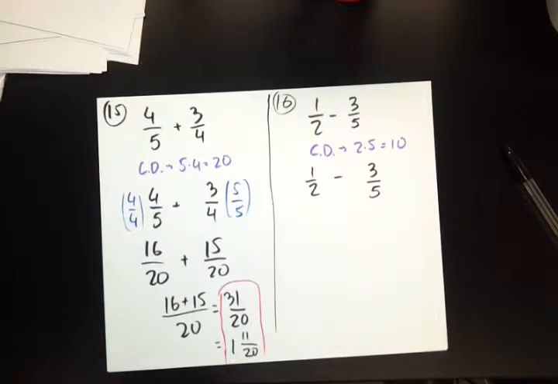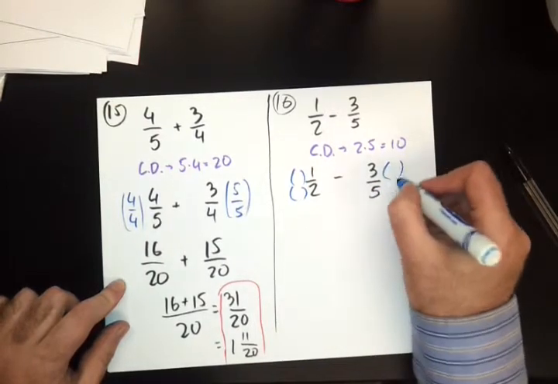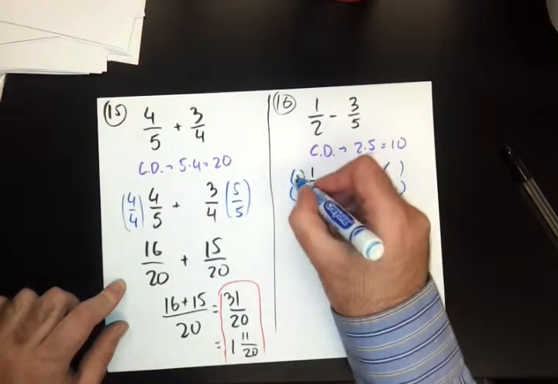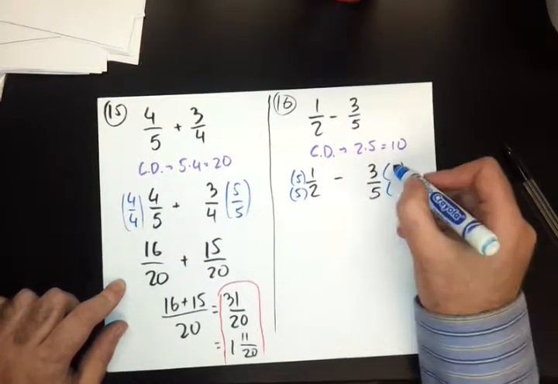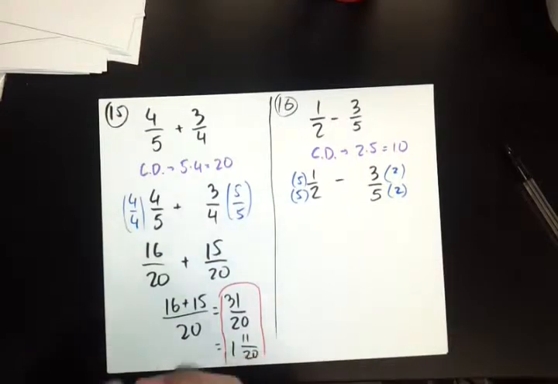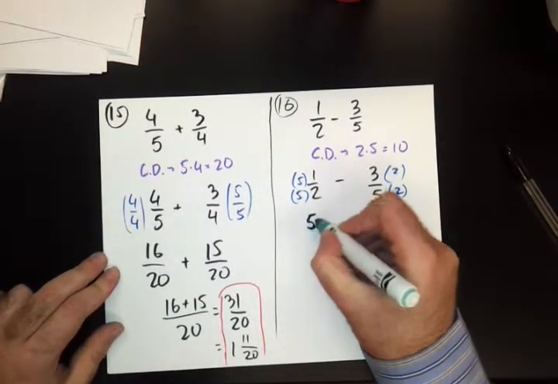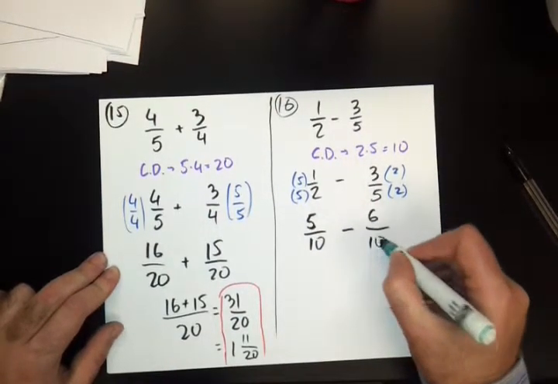And I apologize for the noise outside. How do I get a 2 to become a 10? Multiply by 5, top and bottom. How do we get a 5 to become a 10? Multiply by 2, top and bottom. Which yields 5 over 10 minus 6 over 10.